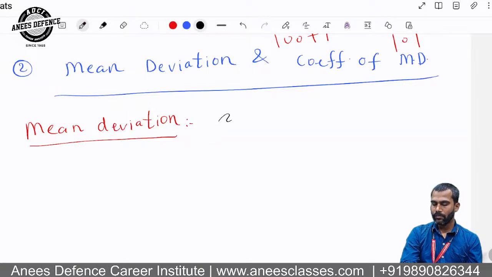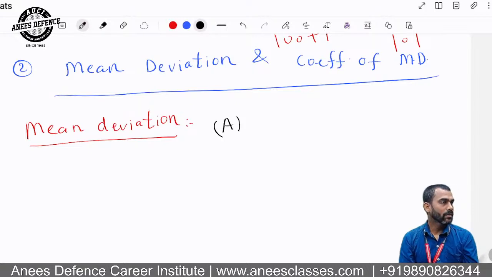Suppose we have the first type. Suppose data is not continuous, or discrete data we have, and we don't have any frequency. Discrete ungrouped data.